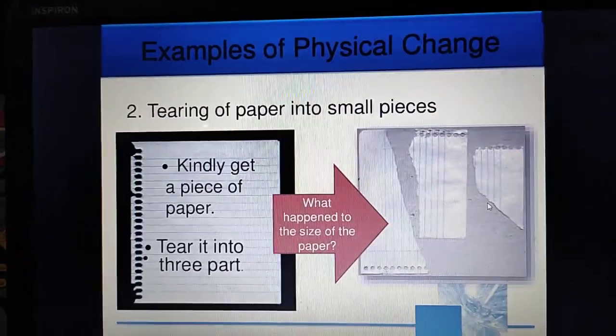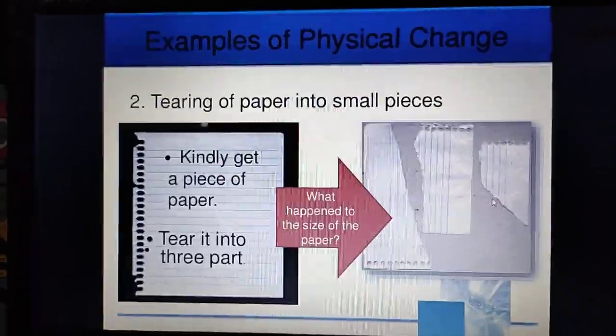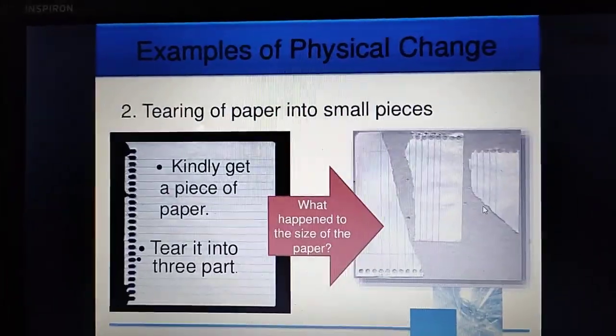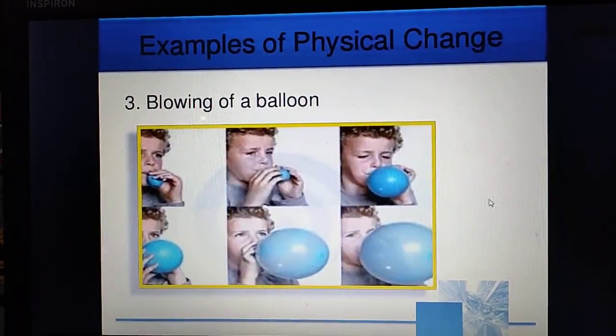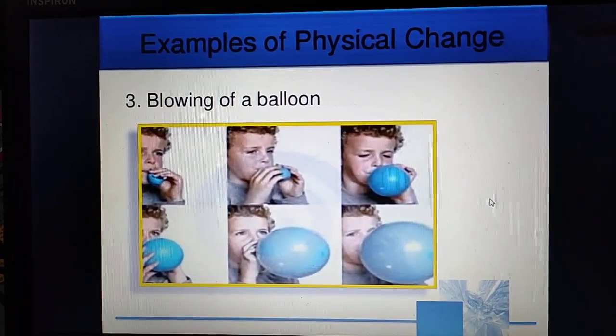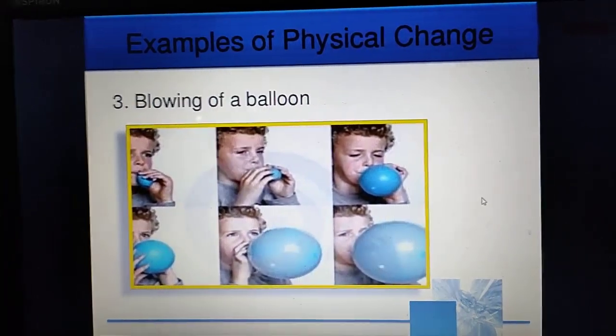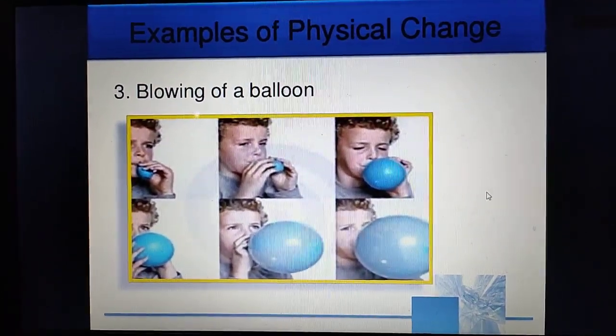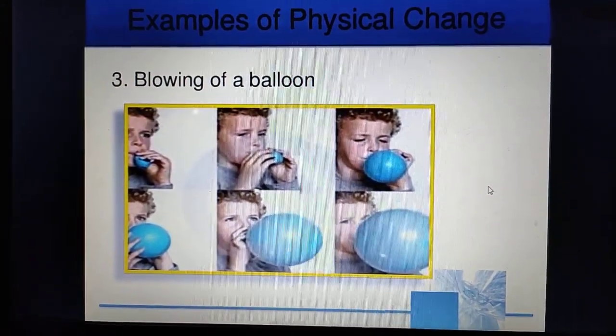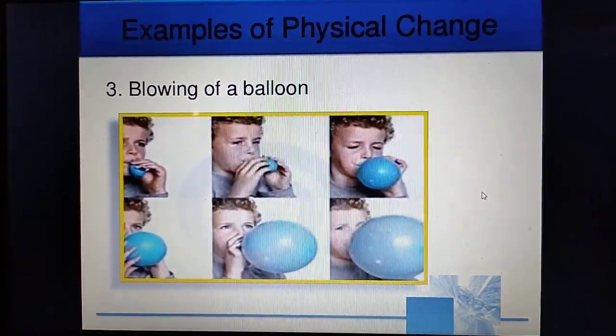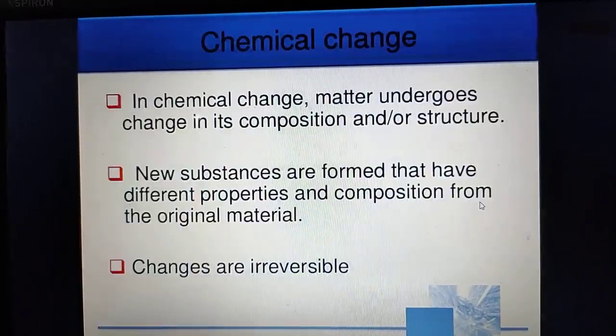Tearing of paper into small pieces is also an example of physical change. Blowing a balloon, here also the size or shape of the balloon may change, but its composition remains the same and no new substances are formed. That is why this is also an example of physical change.